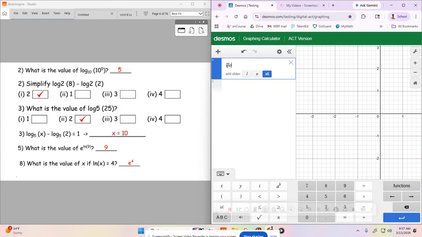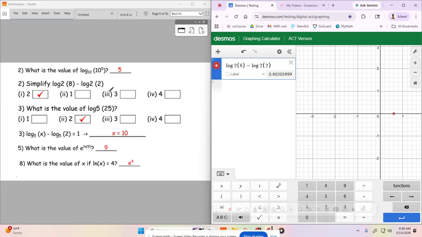Simplify log 2, open the parentheses, 8, close the parentheses, minus log 2, 2 in parentheses. Log 2, 8 minus log 2, 2. Why did it give me a decimal of 0.6?